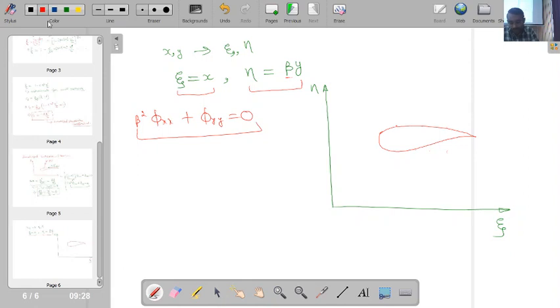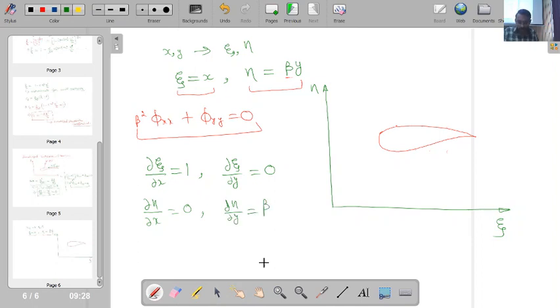Okay, so to do so, I will first get some tools. My first tool is del zeta by del x. What will be the value of del zeta by del x? 1. Del zeta by del y, 0. Del eta by del x, 0, and del eta by del y equal to beta.